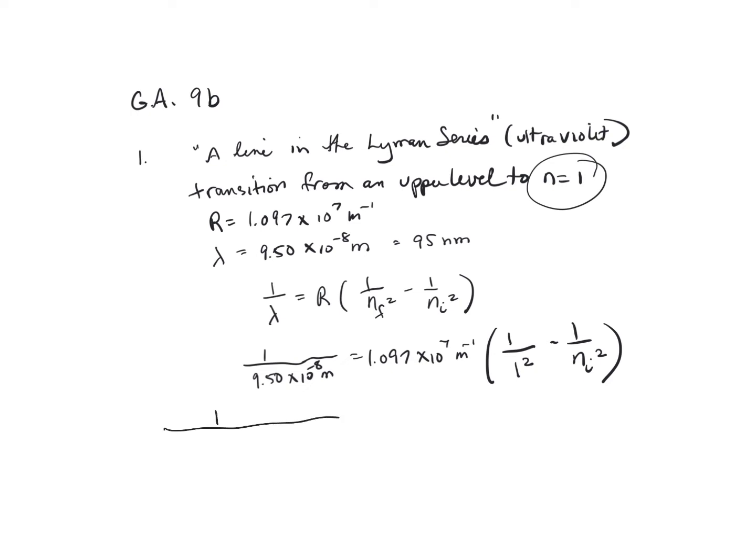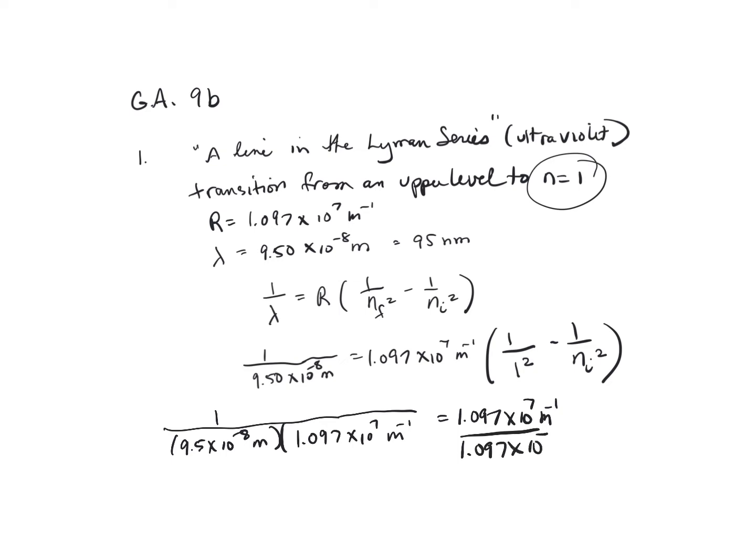So 1 divided by 9.5 times 10 to the minus 8 meters and 1.097 times 10 to the 7 meters to the minus 1 is equal to 1.097 times 10 to the 7 meters to the minus 1 divided by 1.097 times 10 to the 7 meters to the minus 1. Some people like to write this out, some people just do it in their heads, but I'm giving it to you this way.